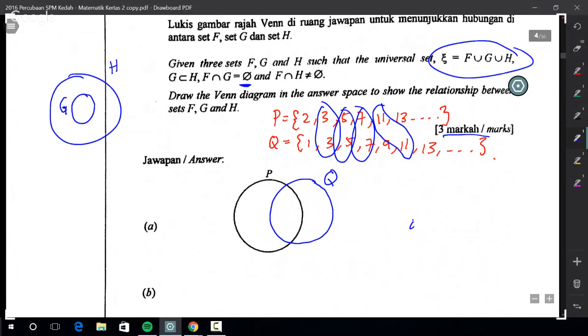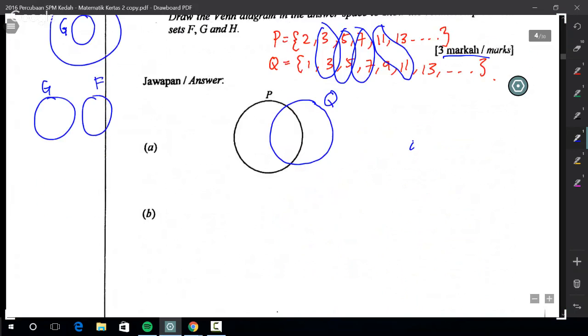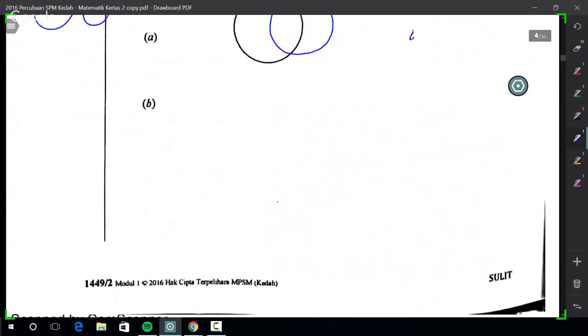That means F does not intersect with G. Empty set means F and G are 2 separate things. If this is G and this is F, they cannot intersect each other. And F intersect H is the empty set as well. That means F cannot intersect with H either. They asked me to draw, so I will draw F alone.